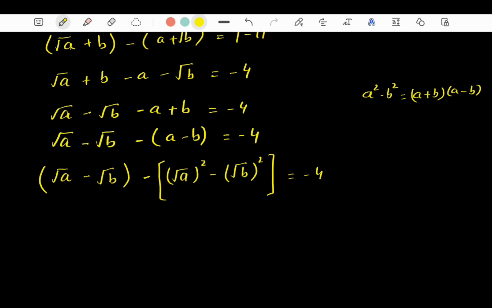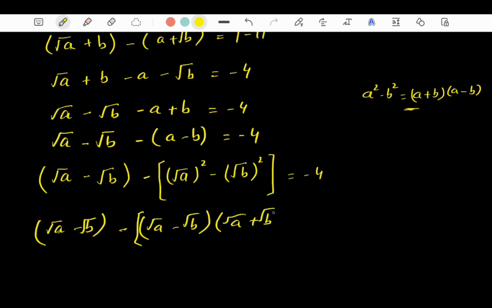Now by using this formula, we can write this as square root of a minus square root of b, minus, square root of a minus square root of b into square root of a plus square root of b, which is equal to minus 4.